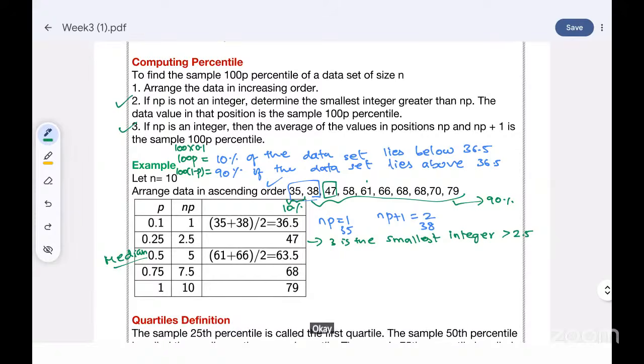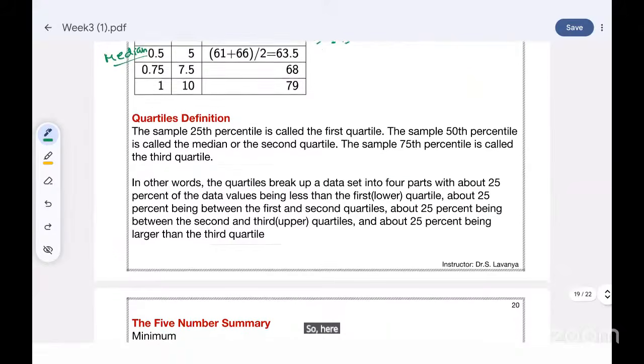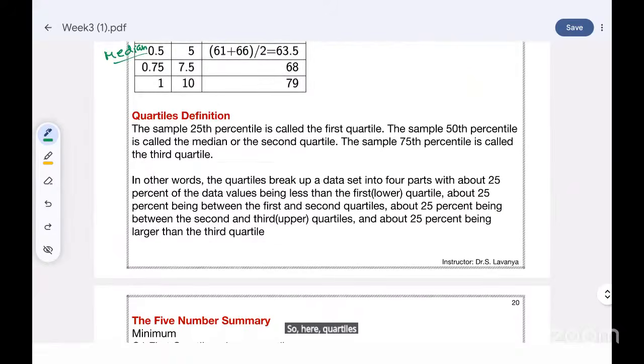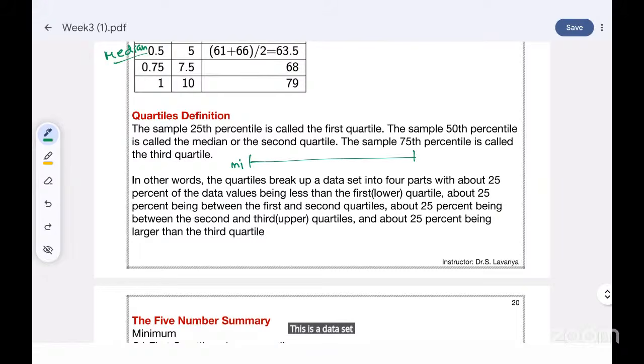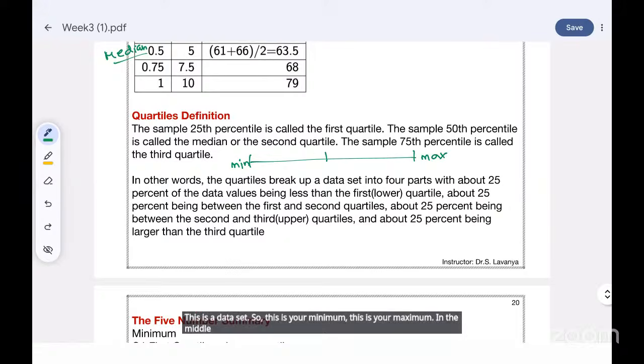So here, quartiles, what are quartiles? You see, the 25th percentile is called the first quartile, the 50th percentile is the median or second quartile, and the 75th percentile is the third quartile, right? So what are we basically doing? If this is the data set, this is your minimum, this is your maximum. In the middle you have the second quartile.